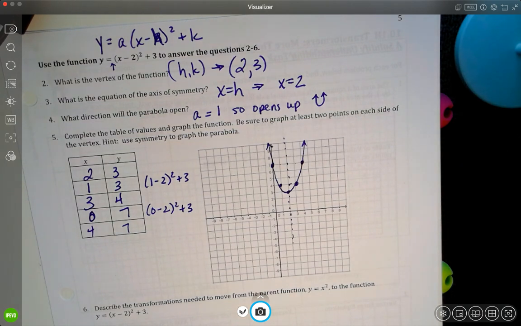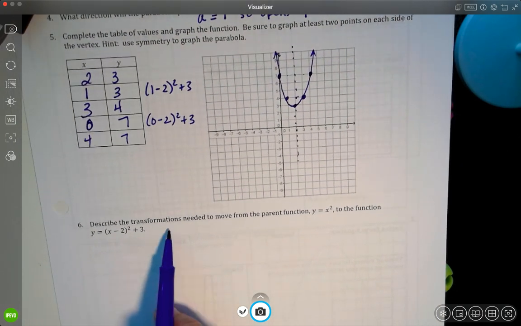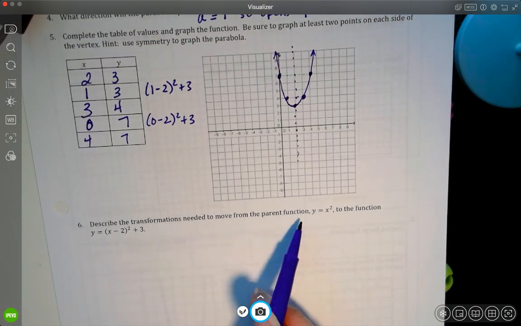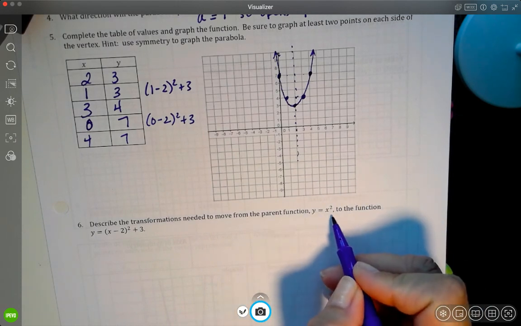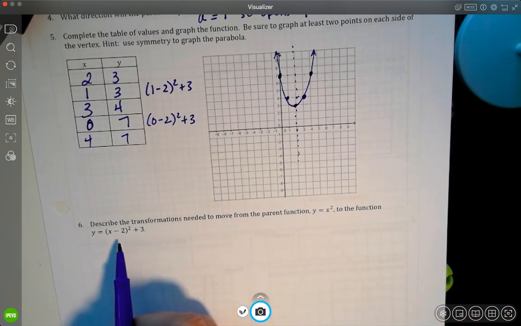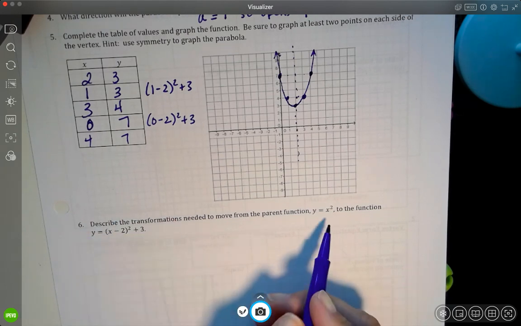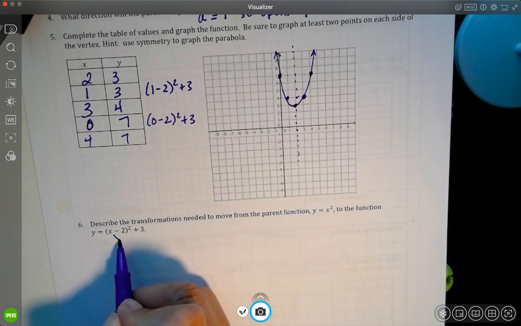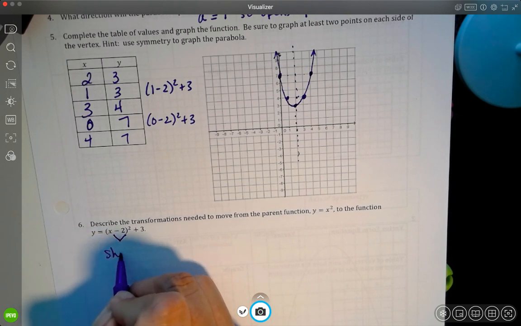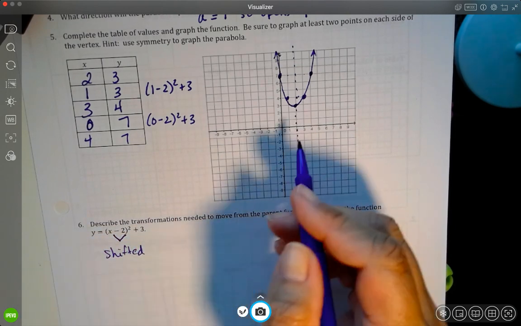Okay, so describe the transformations needed to move from the parent graph, y equals x squared, to the function that we just graphed. So basically, what happened that was different than x squared? Well, this -2 actually shifted it right 2.